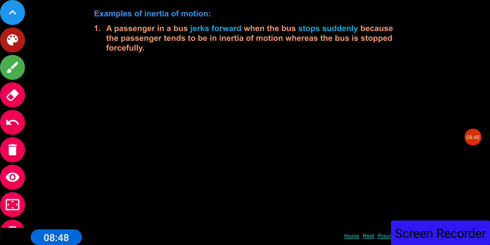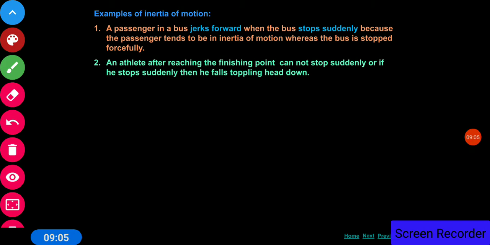Now, let us take some examples of inertia of motion. A passenger in a bus jerks forward when the bus stops suddenly because the passenger tends to be in inertia of motion, whereas the bus is stopped forcefully. An athlete, after reaching the finishing point, cannot stop suddenly, or if he stops suddenly, then he falls topping head down.